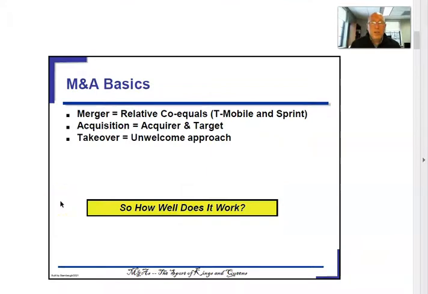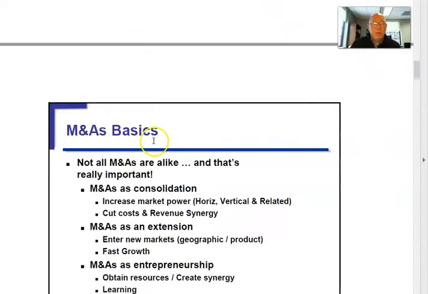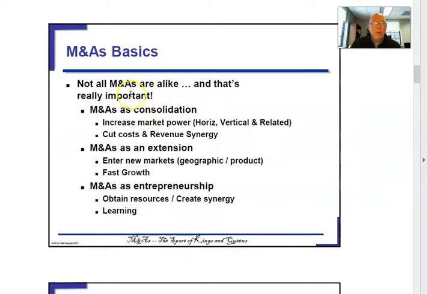On to Chapter 7 and mergers and acquisitions. Make sure that you know these 3 terms because that's going to help you decode some of the questions. Don't need to remember anything about this. Do remember that there are 3 basic logics or economic rationales for mergers and acquisitions, and that they're different.